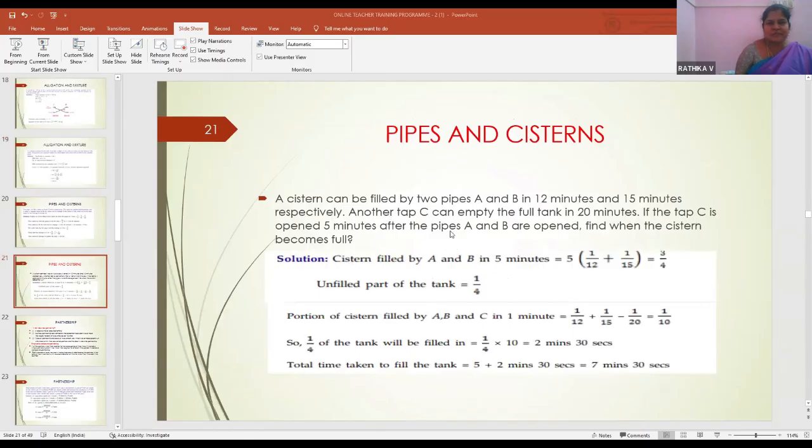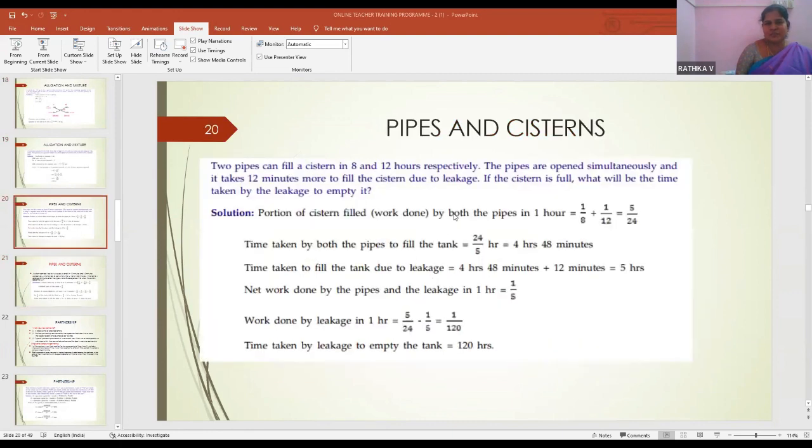So here you can see the pipes and cisterns questions. I explained this part only. The 2 pipes can fill the cistern in 8 and 12 hours. This question I explained actually. I think it is simple.